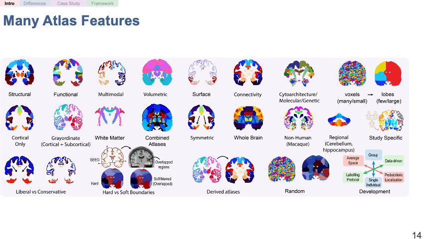Next, atlases can be derived from other atlases, like the AAL 600 atlas, which is a further parcellation of the AAL atlas. And finally, atlases can be completely random. Now, there are many atlases with non-mutually exclusive atlas features shown here, and I'm sure there are many more categories to come to meet the needs of the investigators.